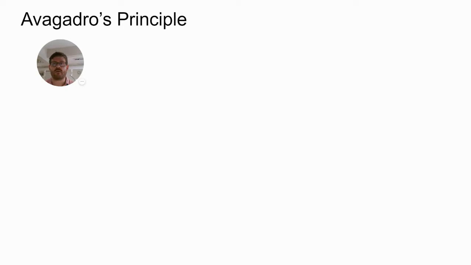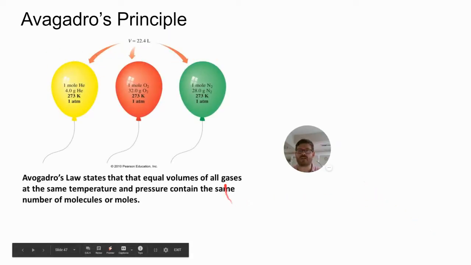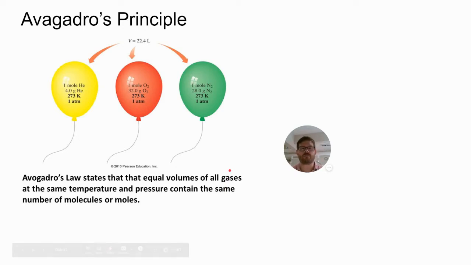Next, we want to apply this to gases, and so we're going to use something called Avogadro's principle to help us get started here. Yeah, the same Avogadro that we just talked about. This time, Avogadro told us about the relationship between the volume of a gas and the moles of a gas.